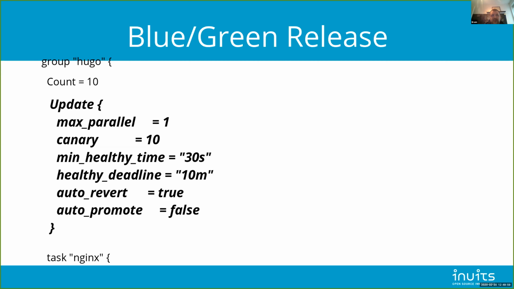Auto revert is true, so when it fails, we'll automatically flip back to the old version, and auto promote is false. So we will have to have a manual or programmatic intervention, from your CI system or from a person, basically saying this is correct, we can move on.